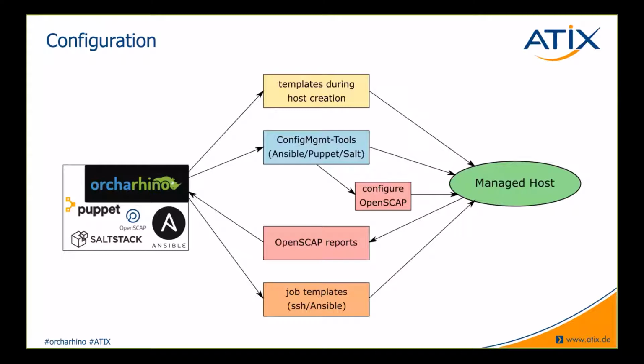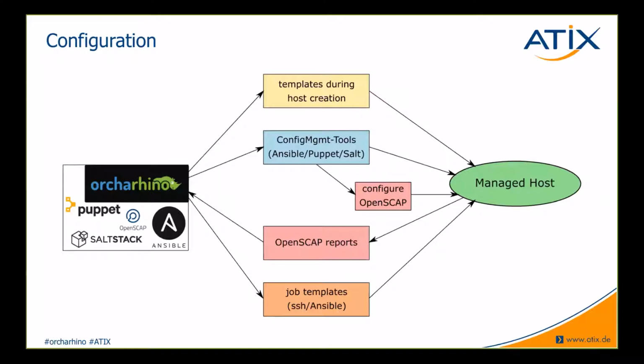But in the main part, you want to use config management tools, because then you have the possibility to adapt configuration and to change configuration of your running applications, and you can easily add new configurations and applications to your host.